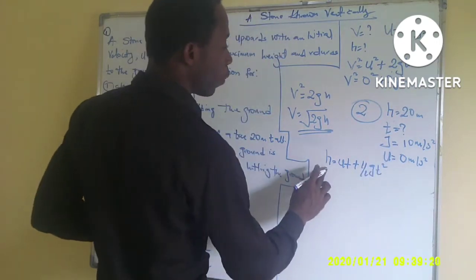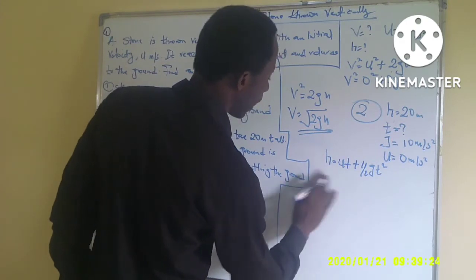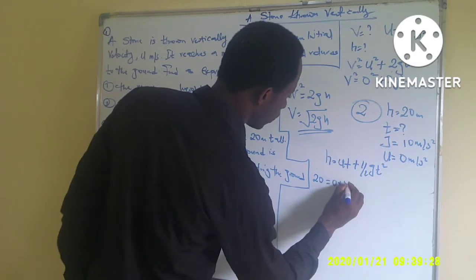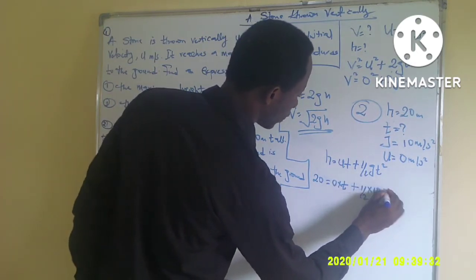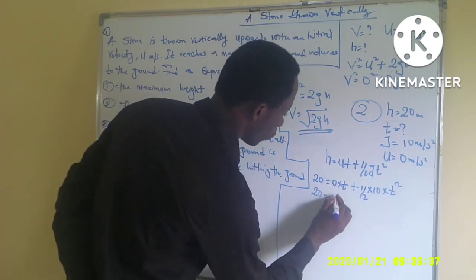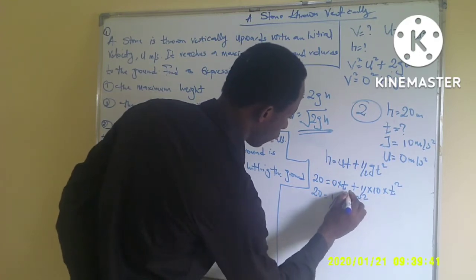We are looking for the time. So h is 20, is equal to u, which is 0, times t, plus 1/2 times 10 times t squared. So 20 is equal to 1/2 times 10 times t squared. 2 here 1, 2 here 5.